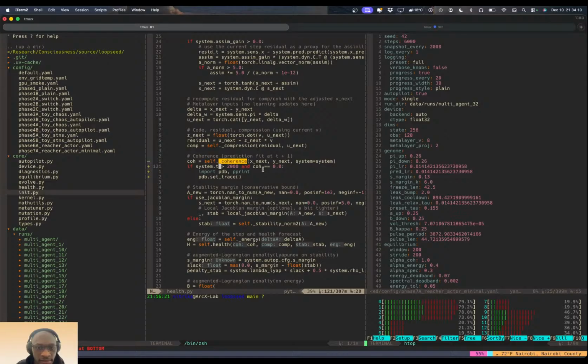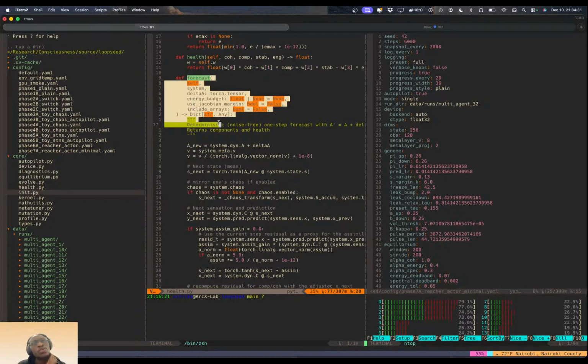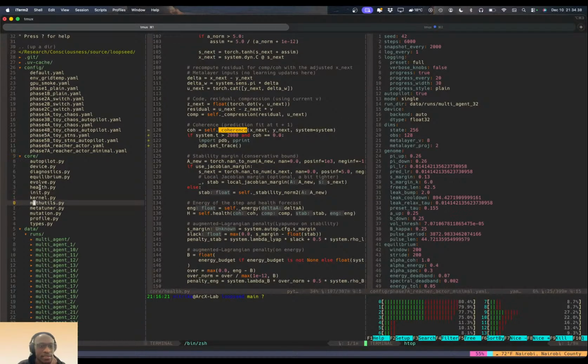So we're getting the values from this. x next is the next observation, the next sense, and then y next is the next predicted sense. This is coming from focused, but I think we want to look at realized coherence, which is in the kernel.